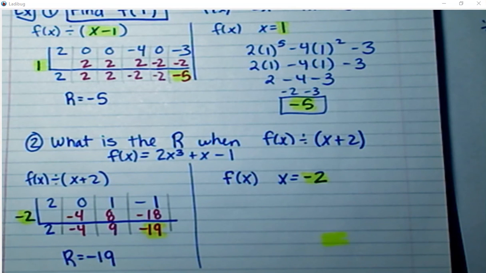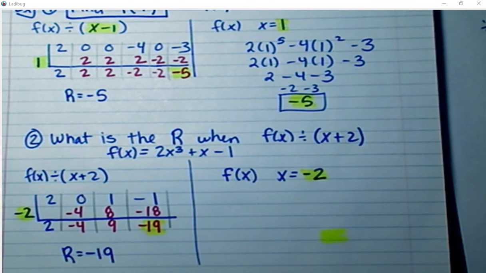Those numbers should be the same. It just gives you two options. The hard part is going, it's asking me for a remainder, but I'm going to find the y-coordinate. It's doing like the alternate choice. The words in the problem lead you one direction. Don't forget about the other choice.